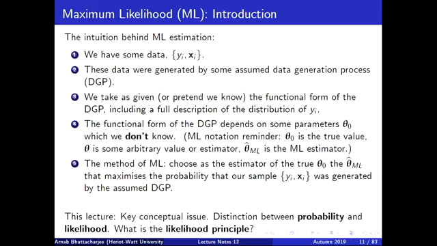What was the central intuition or the central idea behind least squares? Well, the central idea behind least squares is you have observations y_i. They come from some model of the data involving some parameters.